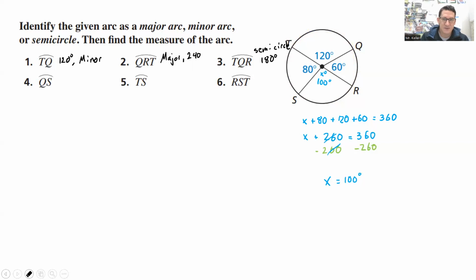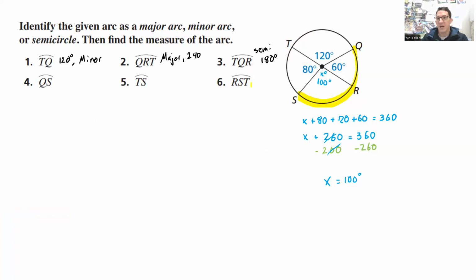Q to S. So here, this one is the important one. Some people might go around this way. I'm gonna erase. This is a semicircle. I'm just gonna put semi so it's not blocking the T. So Q, some people go around this way. You need to go the shortest distance. Q to S, you always go the shortest distance.